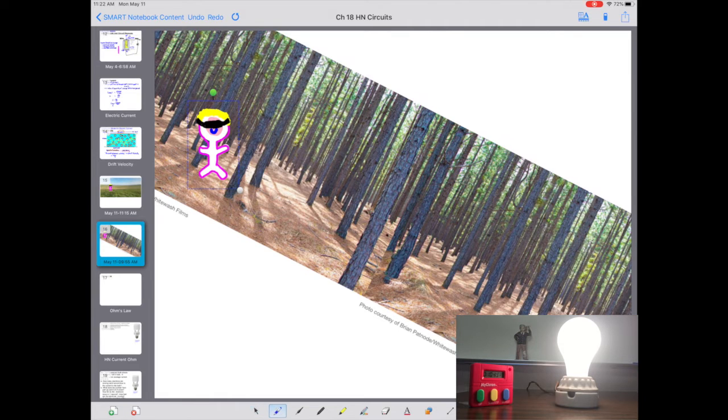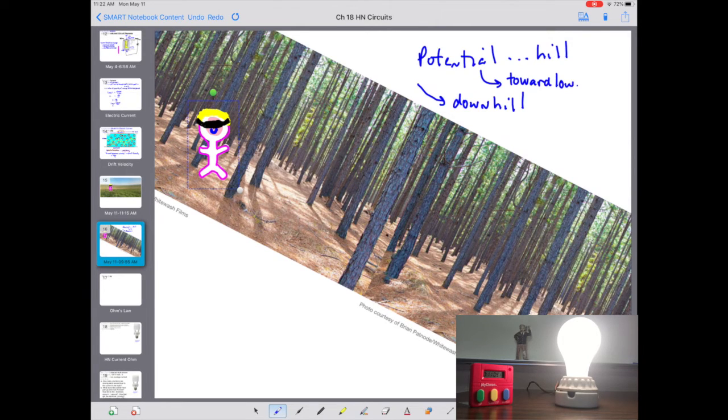Now, there is an electric potential, and the analogy to that is just like the hill. So now when the electrons move, it isn't quite arbitrary anymore, but those electrons are given a direction down the hill. The electric potential gives the electrons a direction.